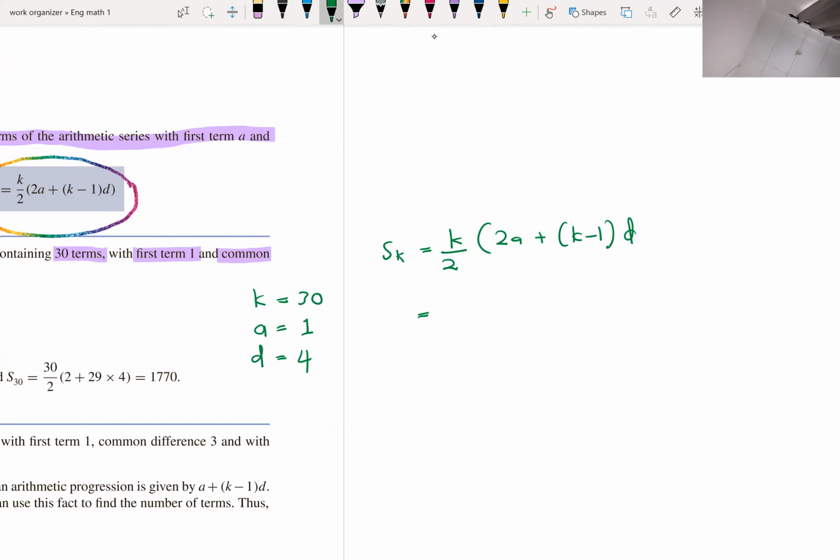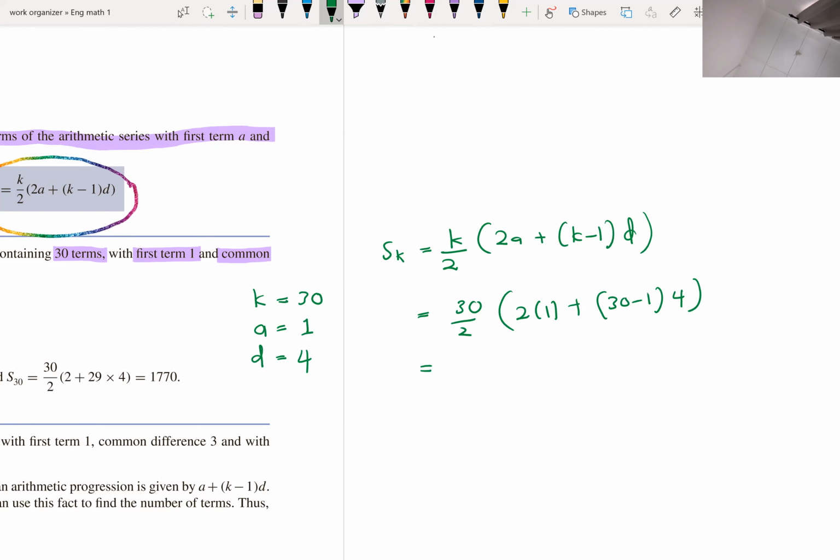This will be 30 over 2 times 2 times 1 plus 30 minus 1, and D is 4. Just calculate it.